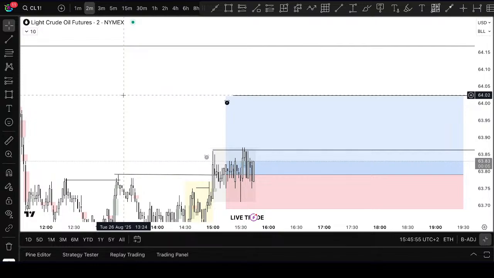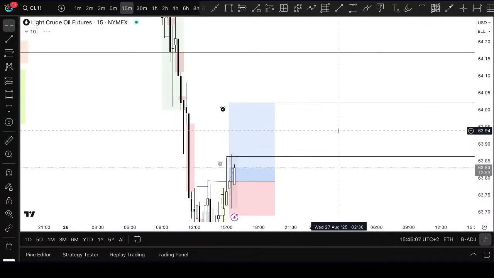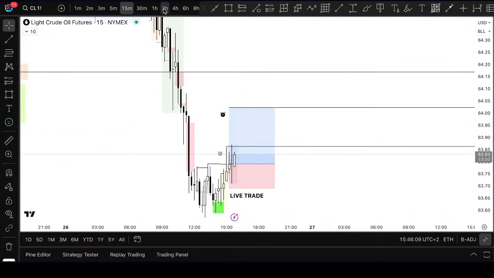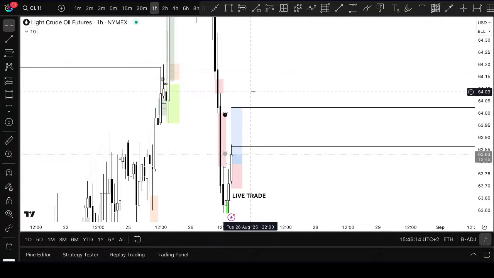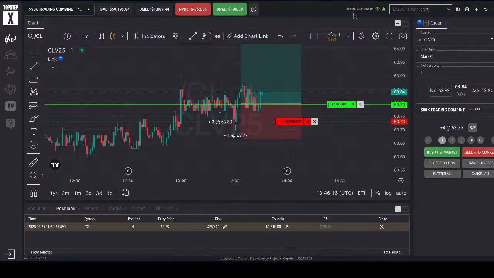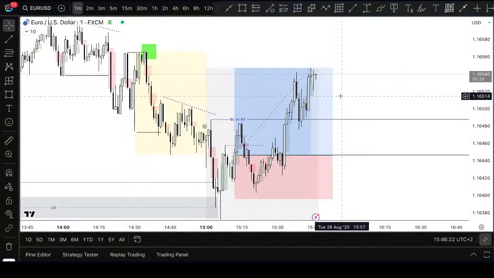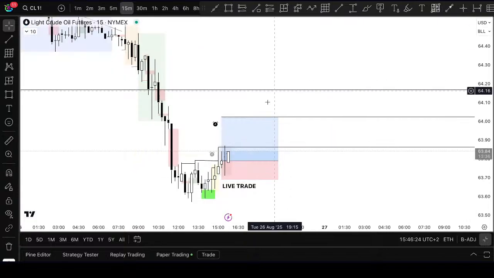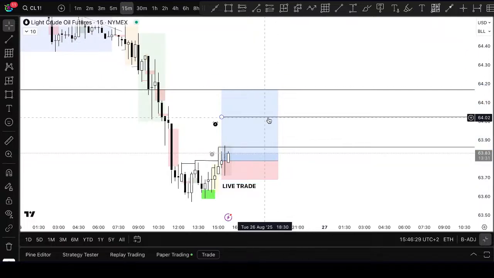It's a crazy one. What is the drawn liquidity on the bullish side? Yeah, definitely it will come and hit here. 64.17. Yeah, definitely we can take that.